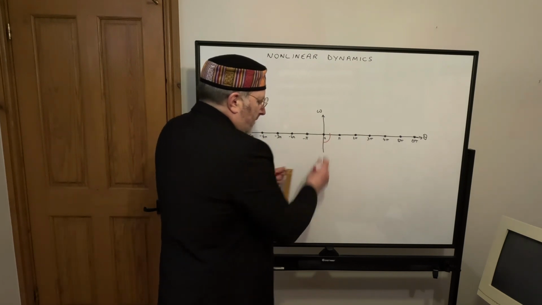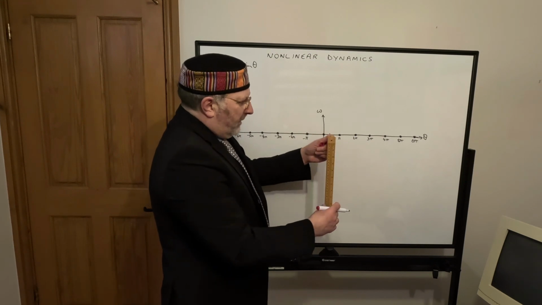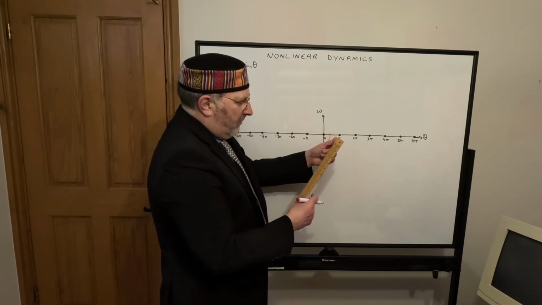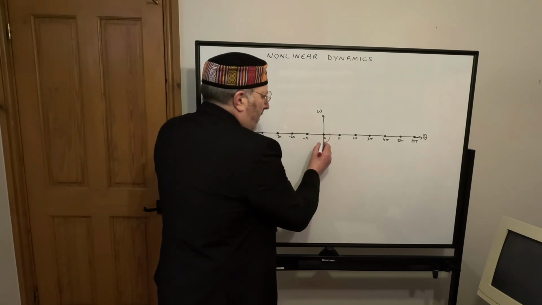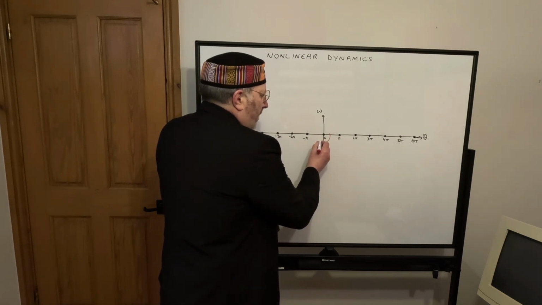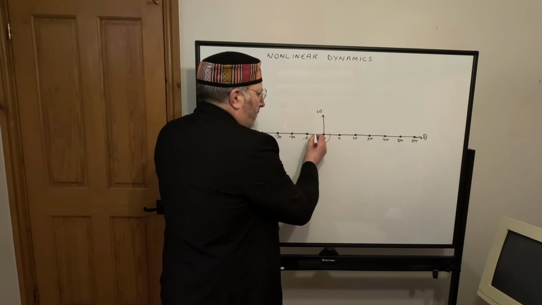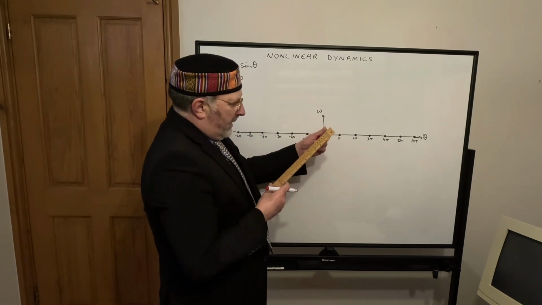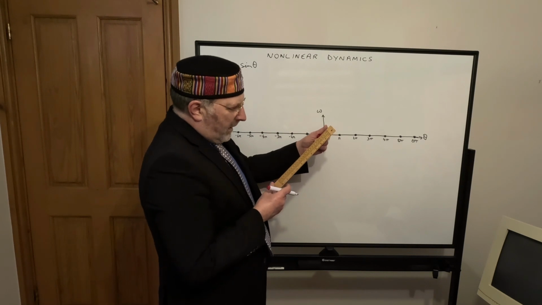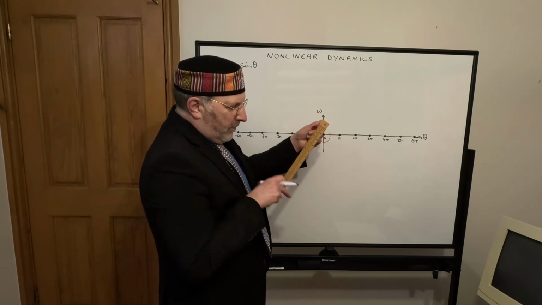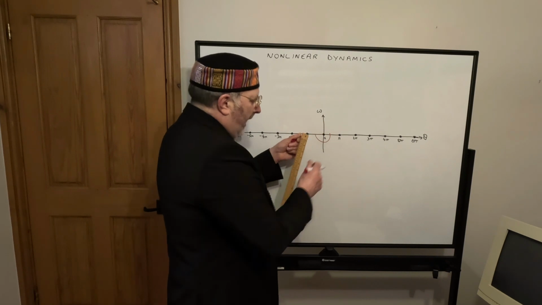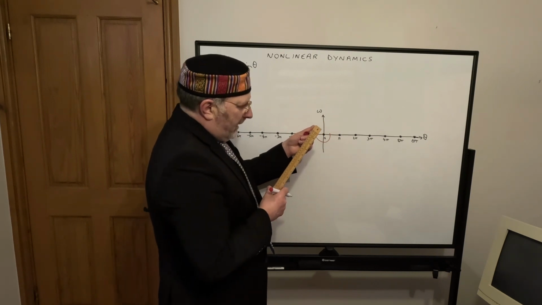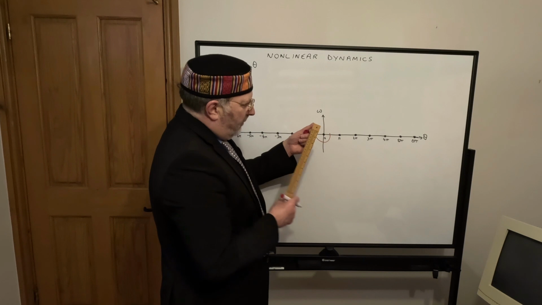So theta's at 0, theta is still decreasing, it's now going into the negative angle, and omega, as I've just said, is coming back towards 0. And then once it reaches the end of its swing, omega starts to become positive, it's now moving back towards 0, and theta is also moving towards 0.